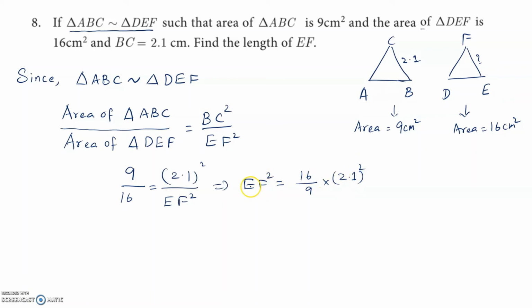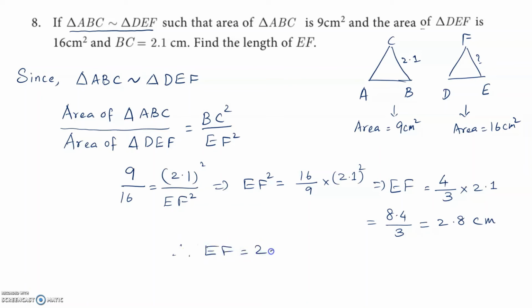Now we can take the square root on both sides and say our EF is equal to 4 by 3 into 2.1. So further that is equal to 8.4 by 3, which is equal to 2.8 centimeters. So therefore, our EF is equal to 2.8 centimeters.